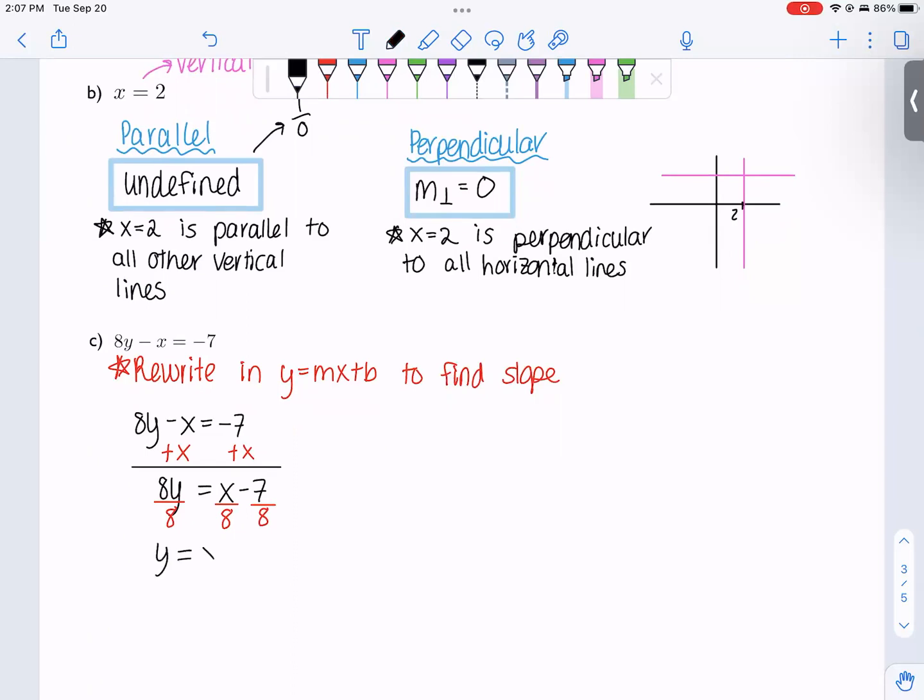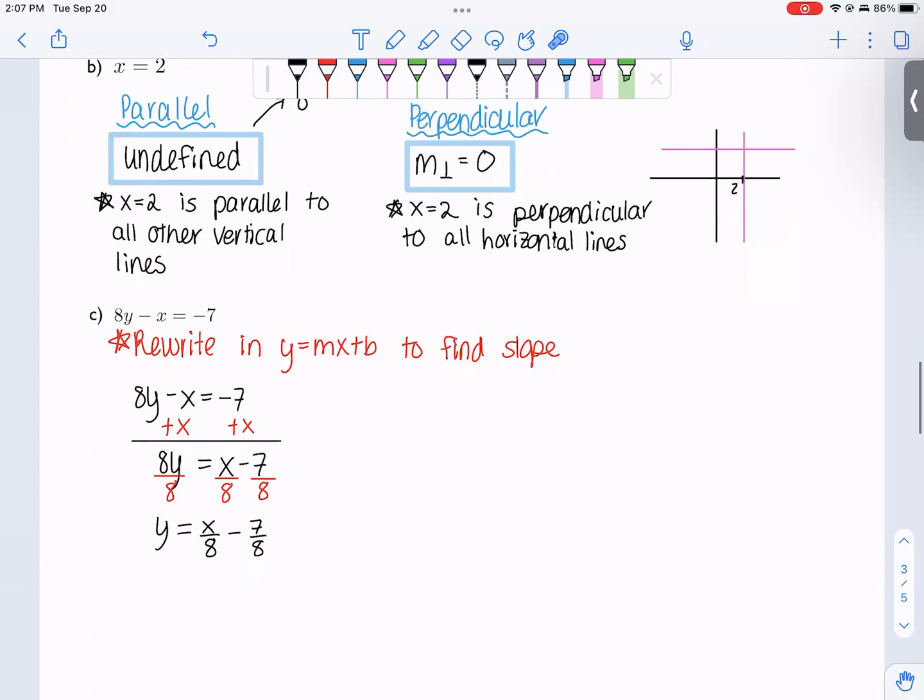Y is equal to, now we have x divided by 8 minus 7/8. First of all, the 7/8 part doesn't matter at all for us, because when we're finding slopes of parallel and perpendicular lines, it doesn't matter what the intercept of the original is.